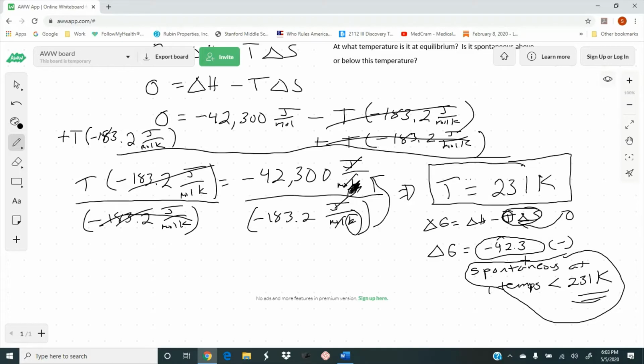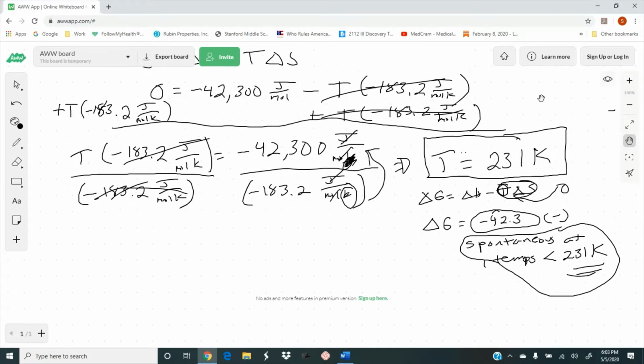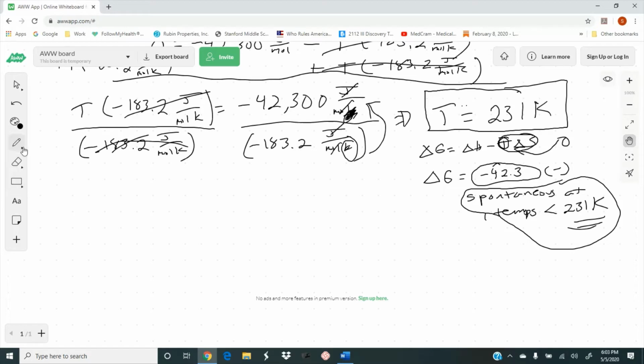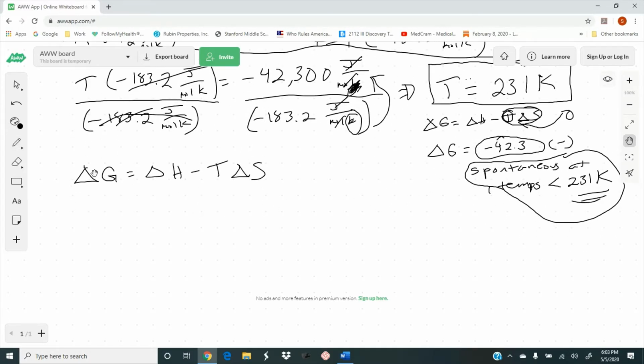I was trying to spend time getting it all on the one board here. Remember, it's just using the same equation. So the main equation here to use was delta G equals delta H minus T delta S. It might actually be easier, instead of plugging in the numbers first, to move the letters around, and then once you've moved the letters around, plug in the numbers, especially when your delta G is 0.